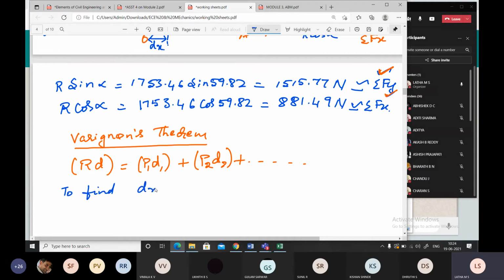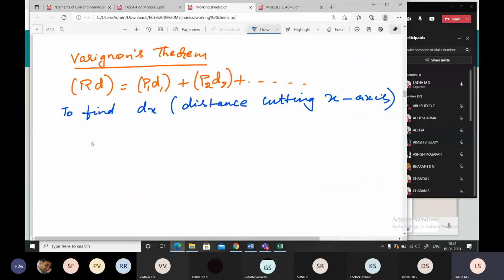I'll put dx. Dx is the distance which is cutting the x axis. So how to calculate this? I have to take the resultant component R and take the moment. To apply Varignon's theorem, how should I proceed?